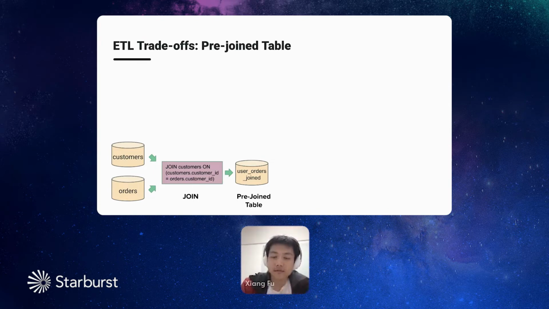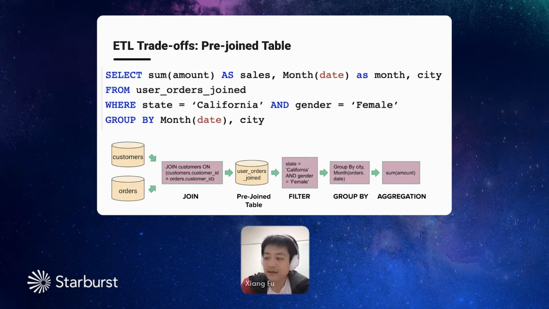In the previous example, we can pre-join the customer table and the order table into a new table, let's say called the user order join table, which will be translated into another billion rows with the full joined schema. In this case, we can compute the metrics based on the order amount, and then do slicing and dicing on top of user dimensions like gender or location, and time or whatever.